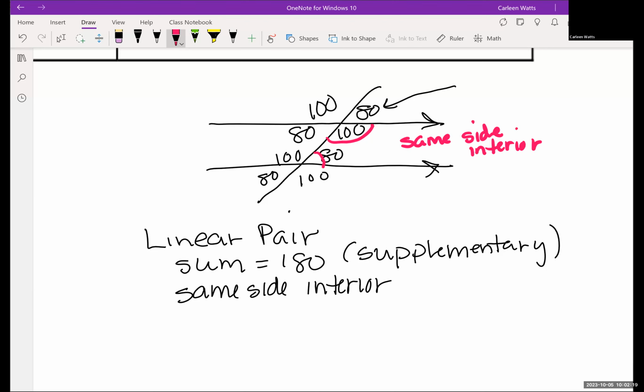They're not congruent to each other, are they? Same side interior. Their sum is 180. We call those supplementary. Can we see that if lines are parallel and all those corresponding angles are congruent, then same side interior angles are supplementary?